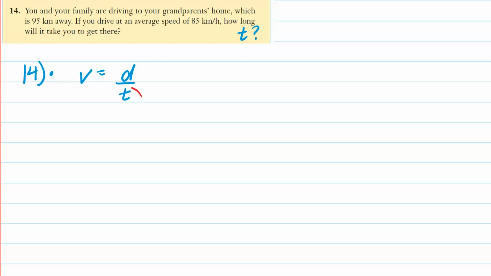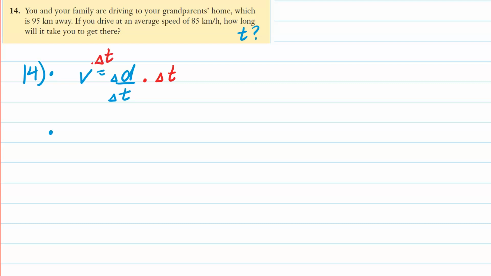We want to get to time. The first thing you have to do is get time back on top. And you do that by multiplying both sides by time. And I should be proper, this is delta D, delta T. So I'll multiply by delta T on both sides.